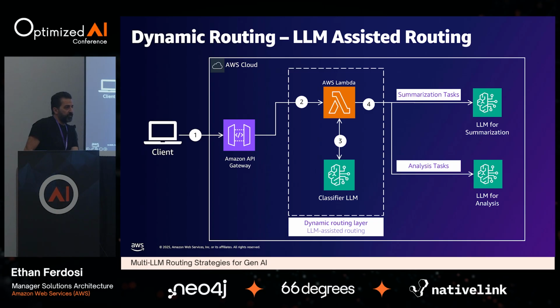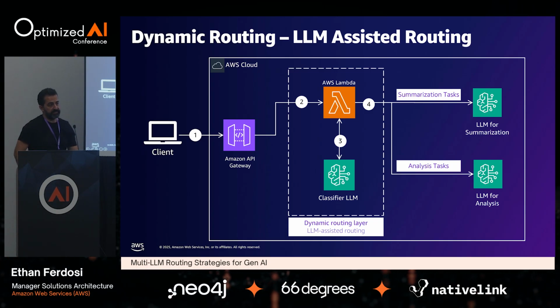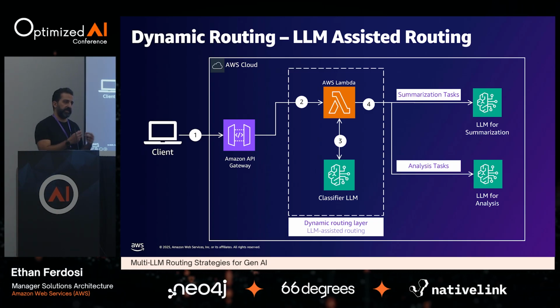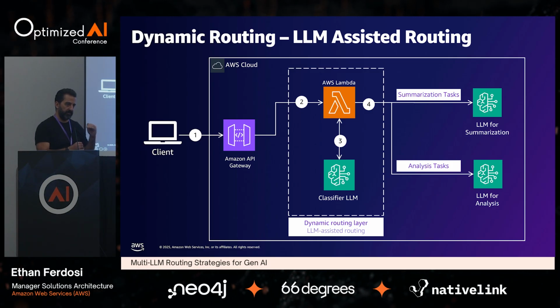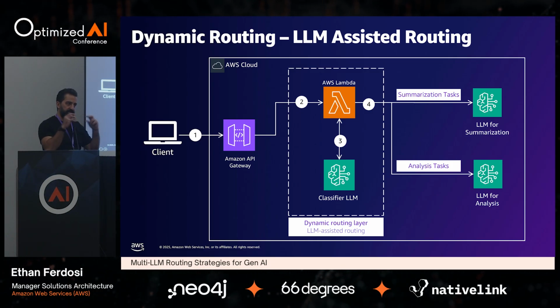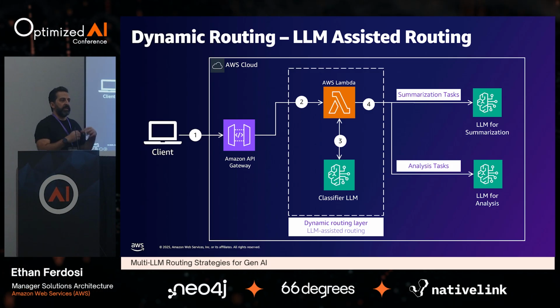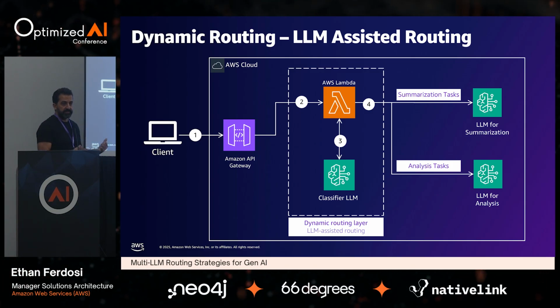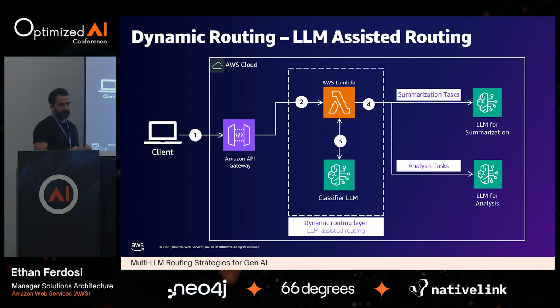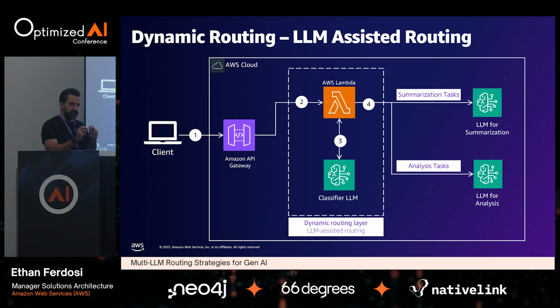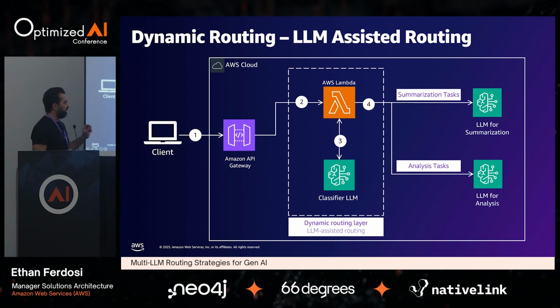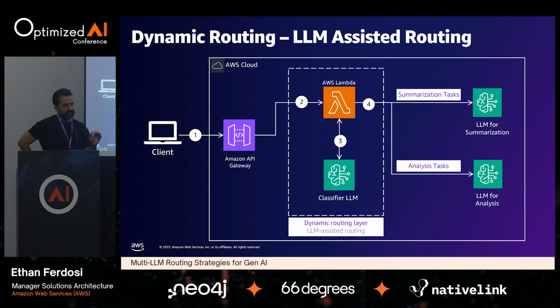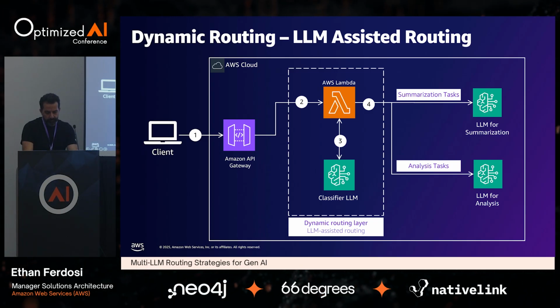But in contrast, your classifier is able to determine, based on the prompt that it received, to go to the fine-grained level and decide that these tokens that I'm seeing in this prompt represent classification A, B, C, and you can do the routing. This is very useful when you want to do fine-grained routing for your application. And that means that you want to go to the specific parts of your departments or tools, your application that you're building, and send a specific prompt to the specific cases or LLMs.